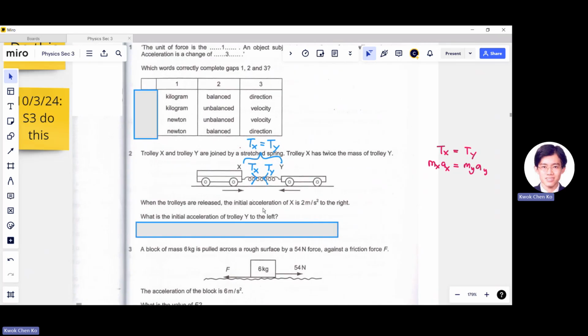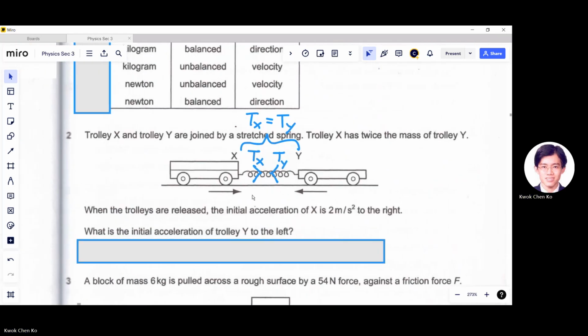Now, if you point your attention to question 2, there are two trolleys, X and Y. I want you to be particularly clear when you apply that formula. All right, in this case, they have the acceleration here.